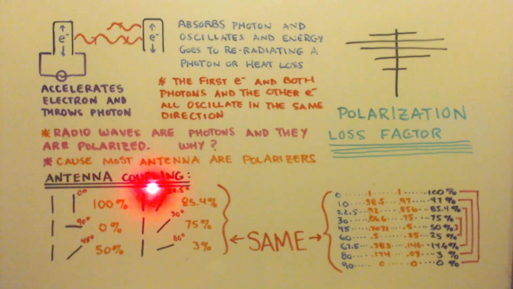That's why they call it antenna coupling. And the same rules apply. You can have the three polarizer paradox. You can have that same paradox here. You get the same math and the same everything, but nobody calls it a paradox when we're talking about antennas for a radio.